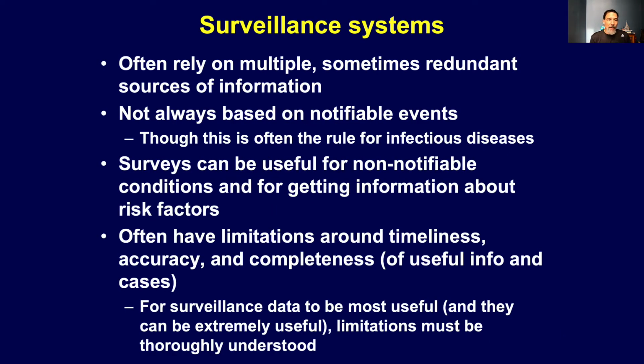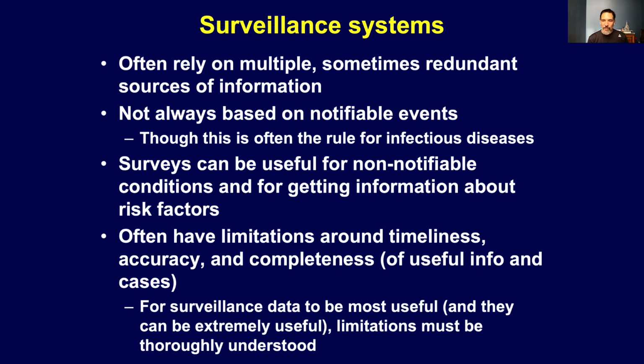So just to wrap up, surveillance systems often rely on multiple, sometimes redundant sources of information. At the most basic, we see in notifiable diseases that are reportable both by providers and also by labs. That redundancy helps ensure a more comprehensive picture of what's going on, so they have complementary kinds of information, but it also helps to bolster completeness.